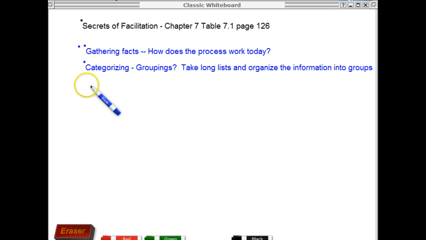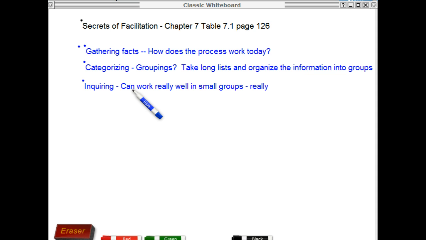The next function is inquiring. The sample question provided by the text is: what questions do we want to see answered? Our purpose is to have the participants create questions or ask questions of a speaker, a panel, or each other. This can be a rather novel approach and can get a lot of work done with a group by splitting up the work, so that the facilitator isn't left asking each question and recording each question individually, but we're actually distributing the work.